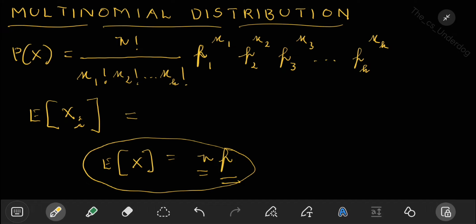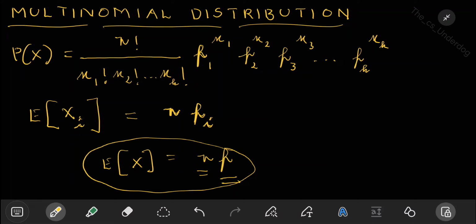So the expectation in case of multinomial is n into pi, where n is the number of total trials and pi is the probability of the ith outcome occurring. The reason I'm not deriving is it's easier to connect logically with binomial, and the derivation is going to be larger if you do it from the multinomial distribution.